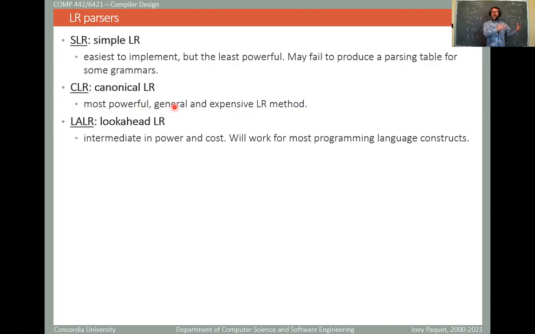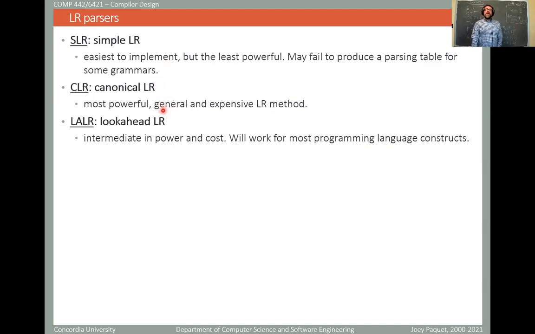If for the same grammar you generate the table for SLR and for CLR, the CLR table will contain many, many more states. The longer your right-hand sides and the more rules you have, the more you get some kind of state explosion in the number of states for this grammar. So CLR will generate many, many more states compared to SLR.